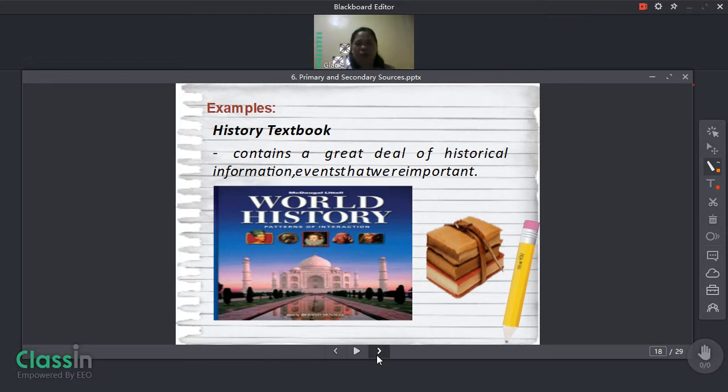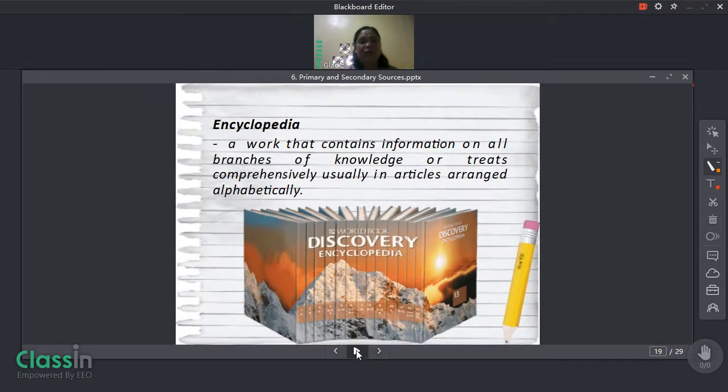So we cannot say it is a primary source of information anymore, because there are a lot of people who contributed to compile information, ideas, and details to make a book. Same with the encyclopedia.